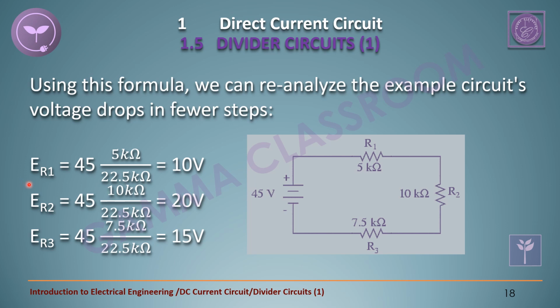We just use this simple formula. The voltage drop across R1 is equal to the total voltage 45 times 5 kilo ohm, which is R1, divided by the total resistance in this circuit, 22.5 kilo ohm. We get 10 volts. Similarly, using the same formula, we get the voltage drops across R2 and R3: 20 volts and 15 volts.